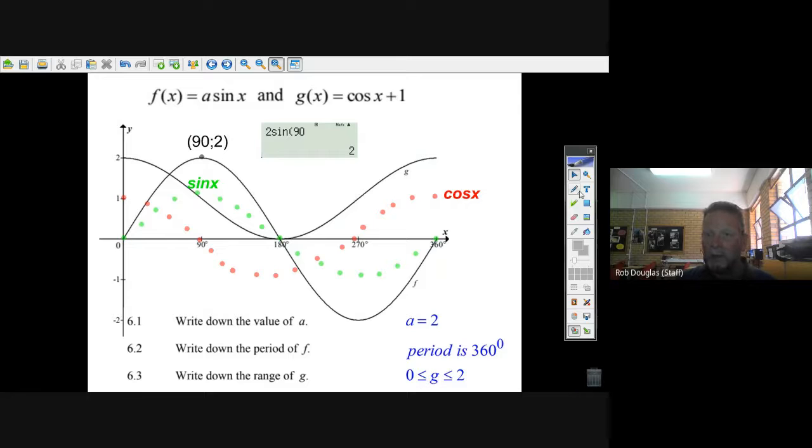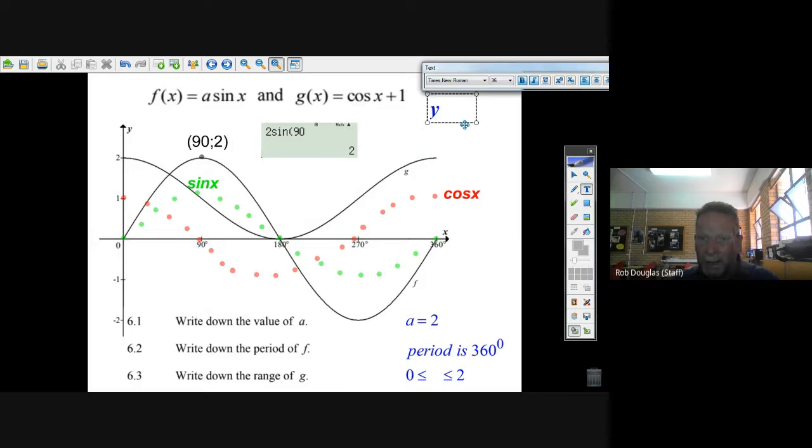And I should write, the range is all about y. So what we're really talking about is the y values in between there. So I should put y like that.